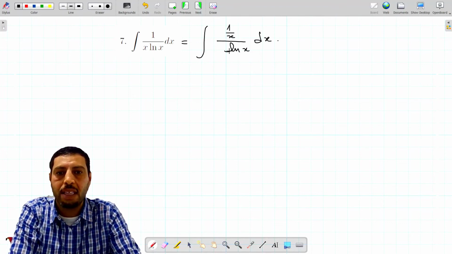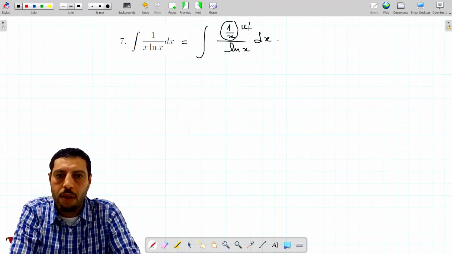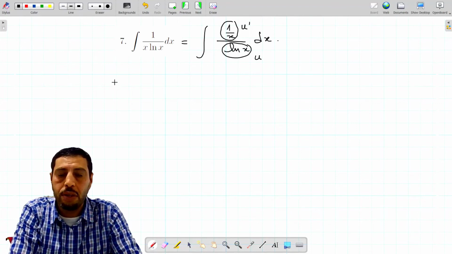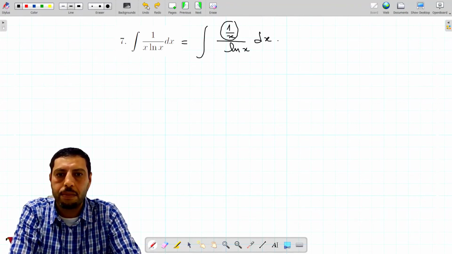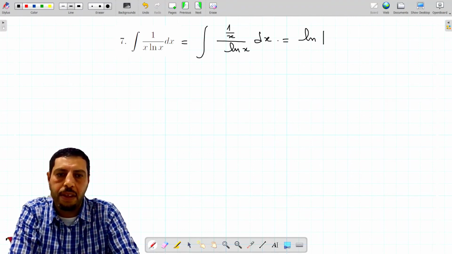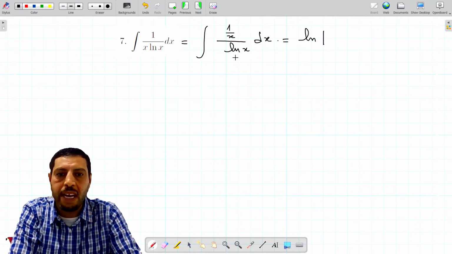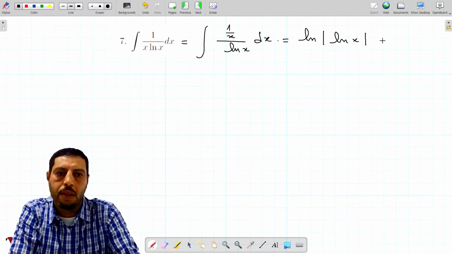So if you write it this way, guys, you can see that it's of the form u prime over u. So it's the third rule, the logarithmic rule. So you can apply the integration by substitution here, and you will get ln of the absolute value of ln of x, because the u here is ln of x. Okay, plus c, of course.